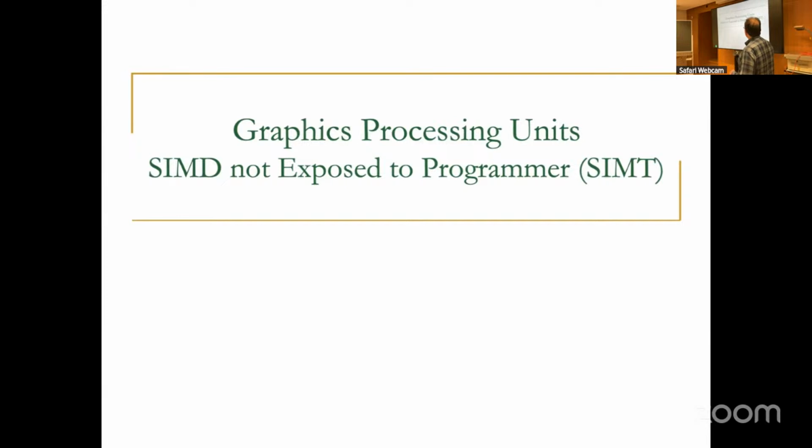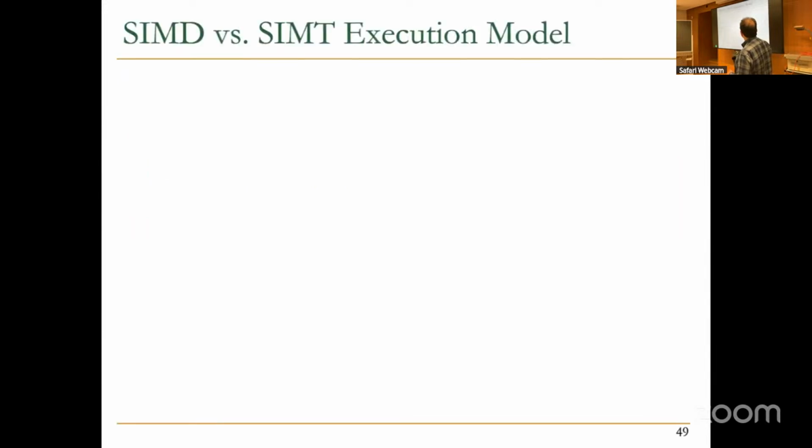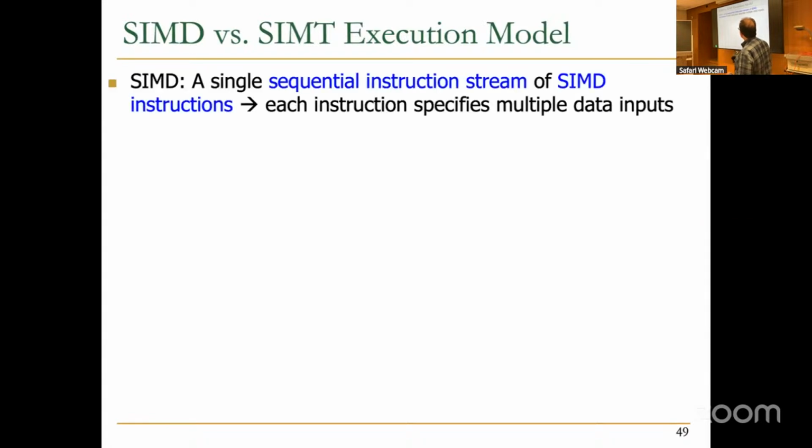Okay, so we already know that. Let's also compare a SIMD versus a SIMT execution model. SIMD is a single sequential instruction stream of SIMD instructions. You have one single instruction and you are streaming it over many data elements, and each instruction specifies multiple data inputs.